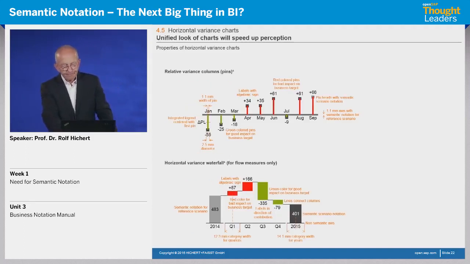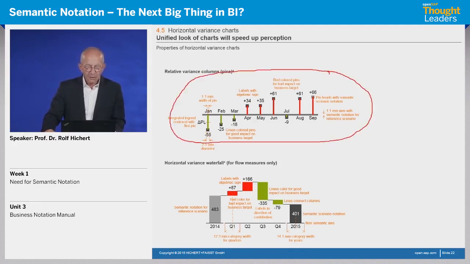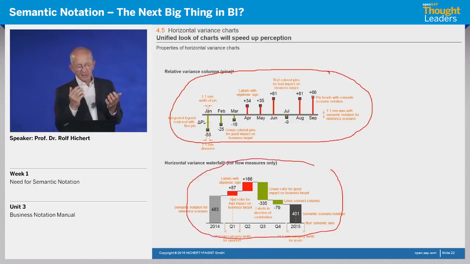Another example of charts is the details for these pins showing relative variances. We talked about this before. And here a typical waterfall showing the quarterly development in a variance, positive and negative variances, red and green.